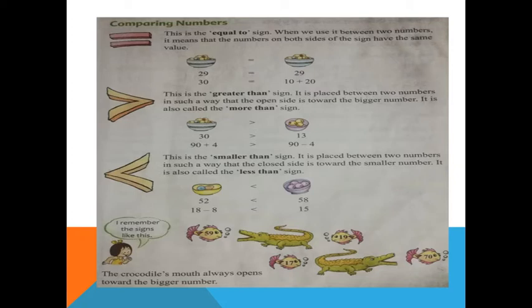But sometimes the quantity and weight are the same, and maybe the shapes are different. Like see here, 30 equal to 10 plus 20. If you add 10 plus 20, it equals 30.